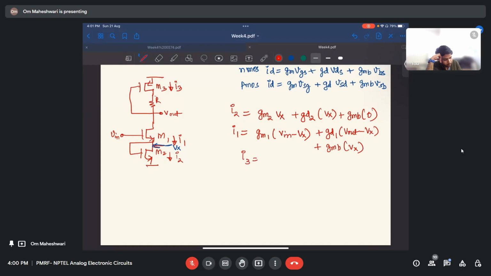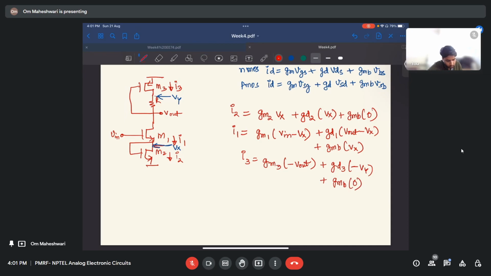I3 is, let us take it as Vy. I3 is GM3 (0 minus Vy) plus GD3 (Vout minus Vy) plus GMB 0.